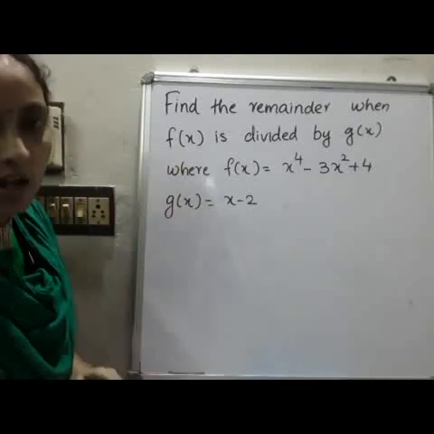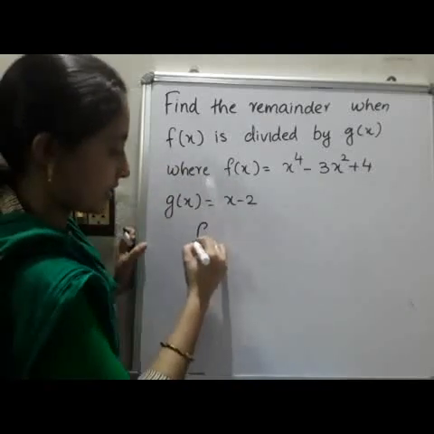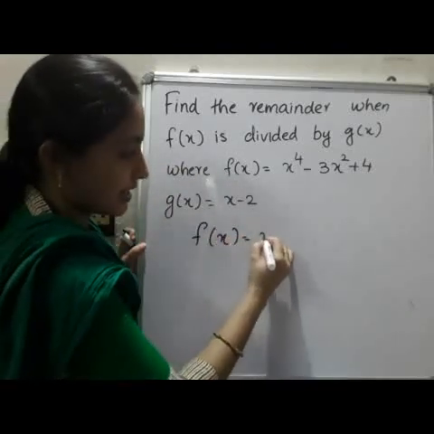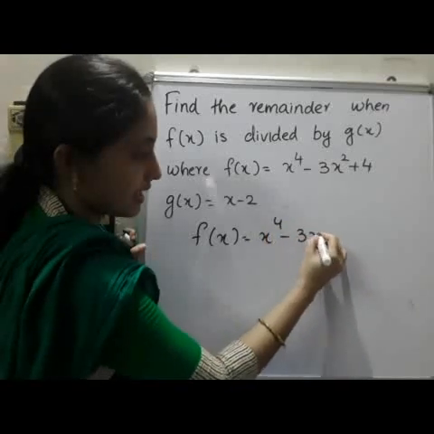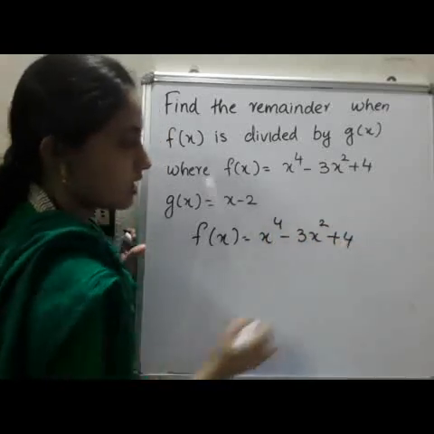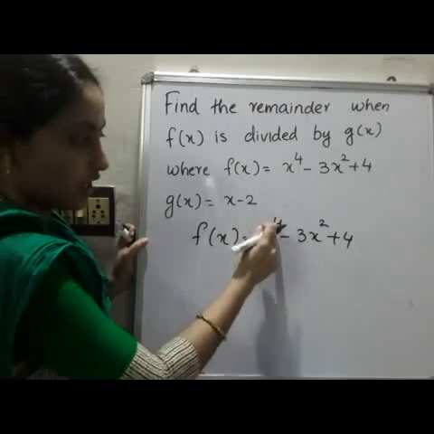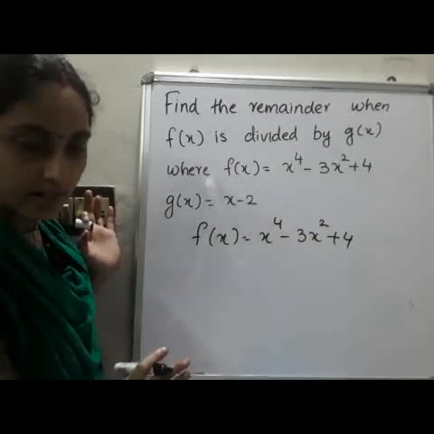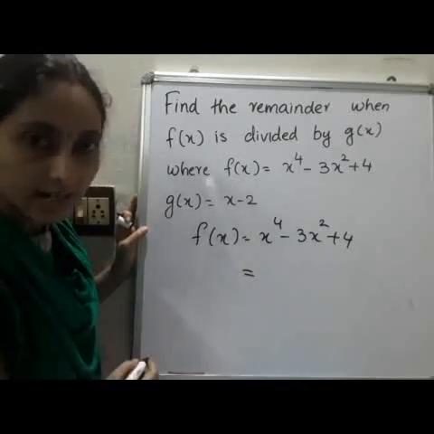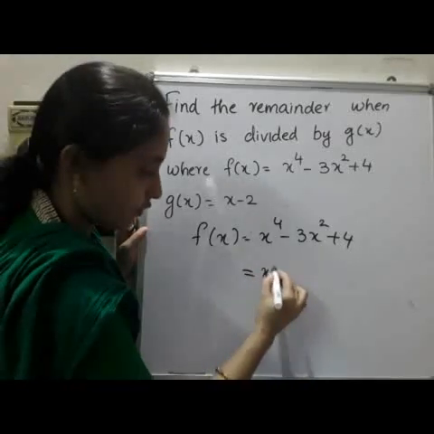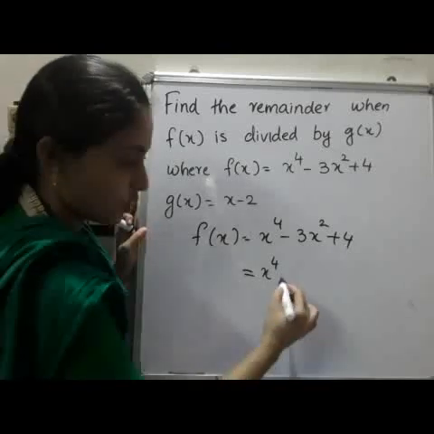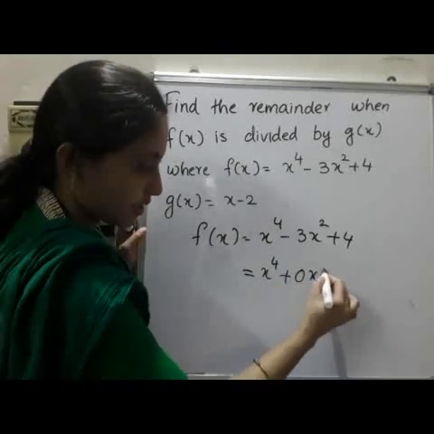Then you have to go through f of x. That is f of x is equal to x raised to 4 minus 3x square plus 4. Are the powers in decreasing order or not? No, because here it is 4, then 2, then 0. So we have to make that in the decreasing order. That is x raised to 4, power 3 is not present, so plus 0x cube.